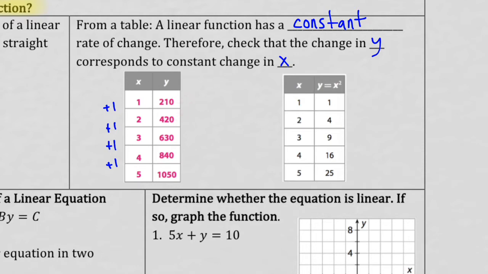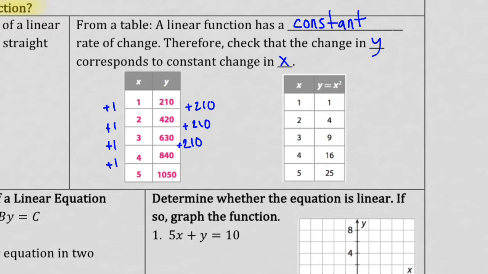So we're going to check the y values to see by how much it is changing. From 210 to 420, you added 210, correct? From 420 to 630, you added 210. From 630 to 840, you added 210 again.